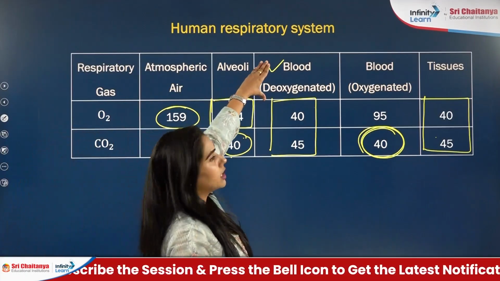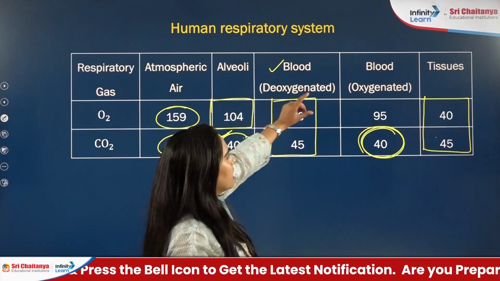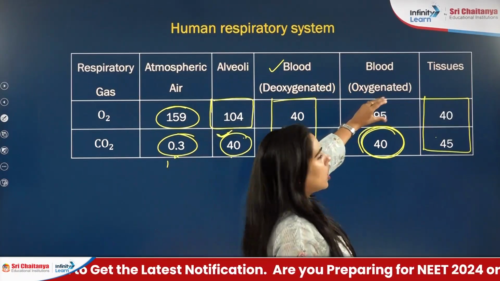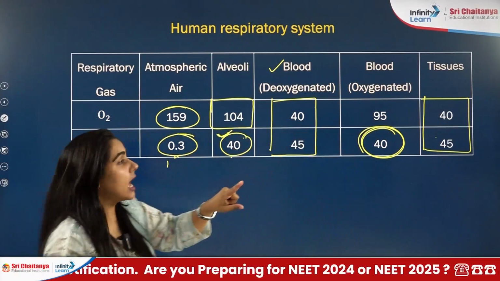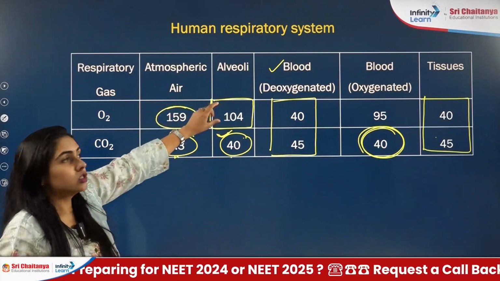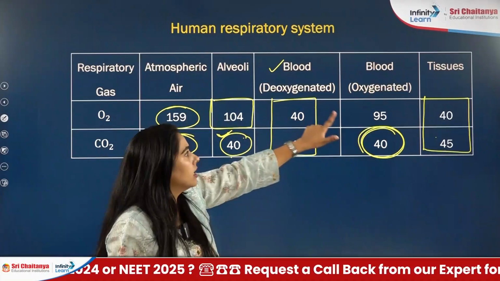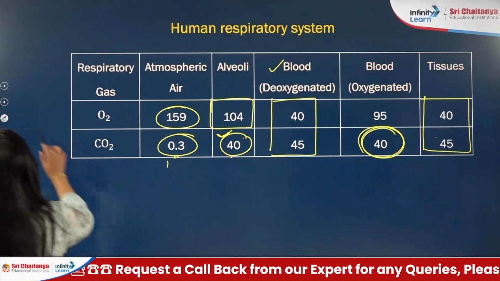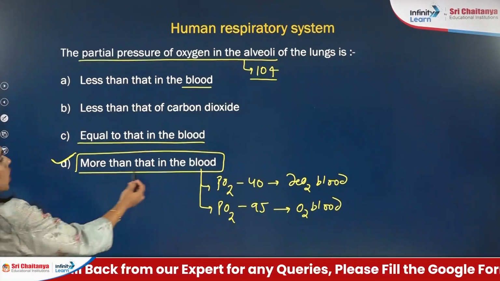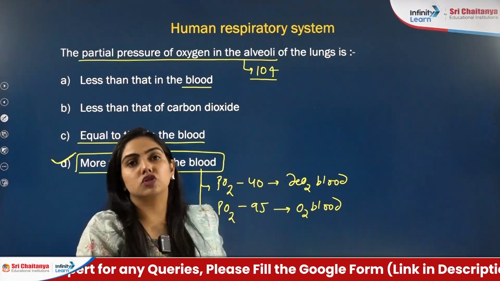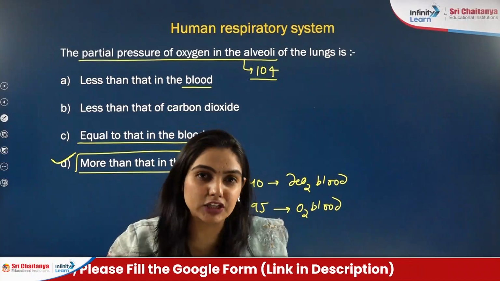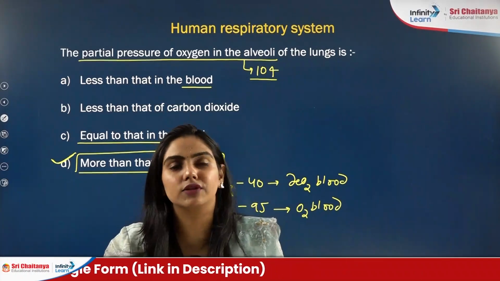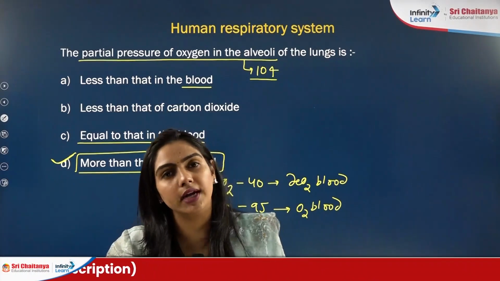This is the deoxygenated blood, oxygen is 40. This is the oxygenated blood, oxygen is 95. But in the alveoli, it is 104. So it is definitely more than the blood. So that is why the answer will be more than that in blood. This is all about the exchange of gases, and this is the end of today's class. I hope you have enjoyed. Thank you.